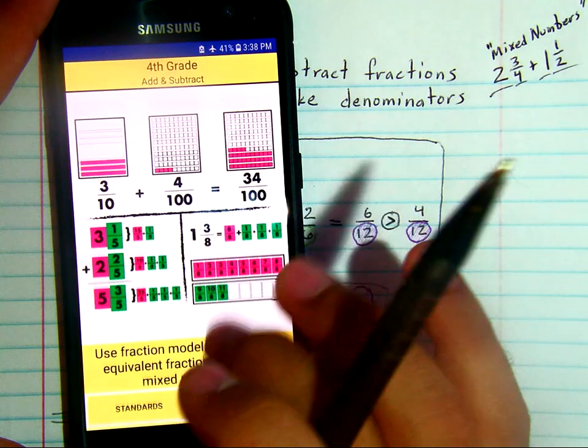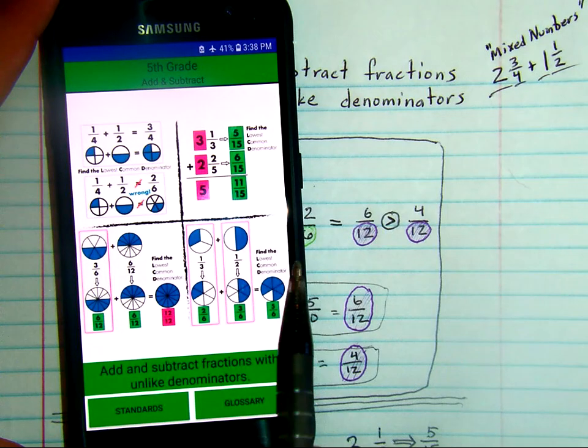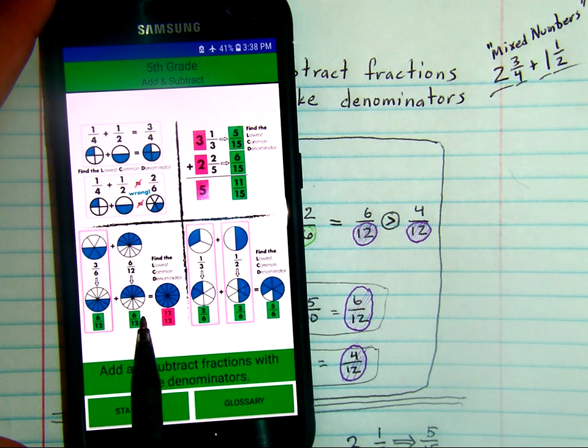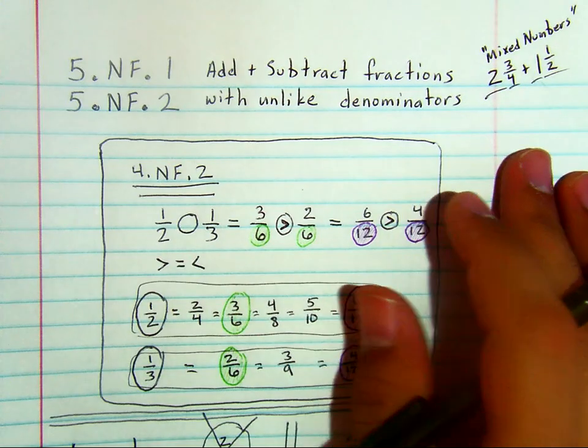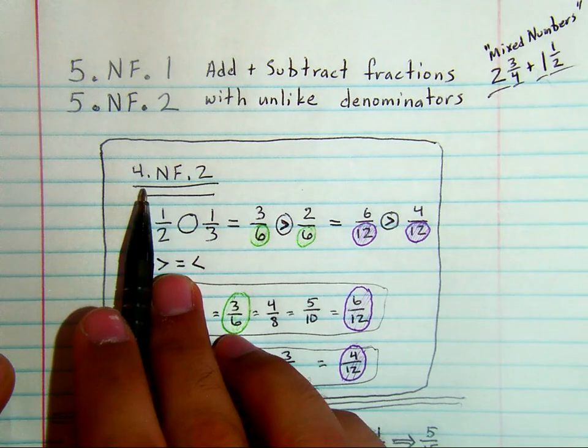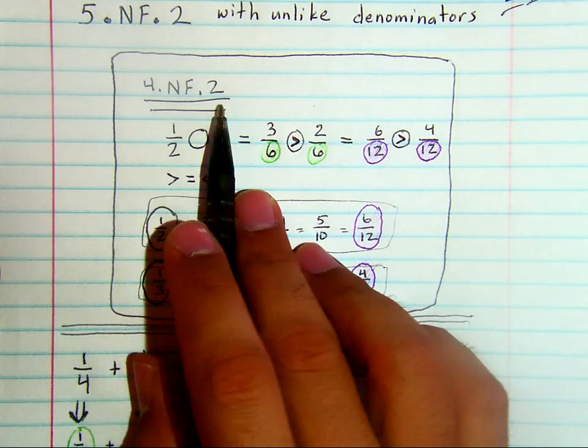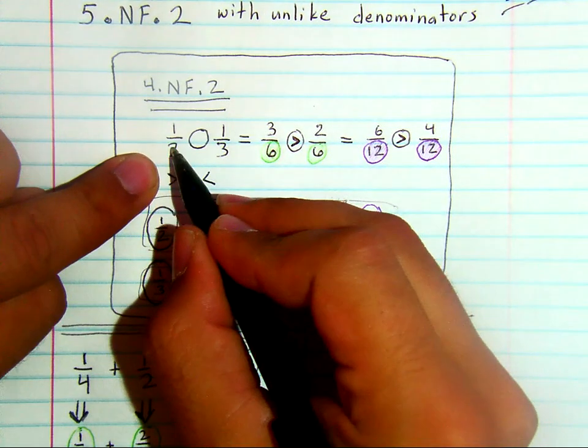And that is going to pay off this year. All the hard work you did last year is going to pay off, because now we have to add and subtract with those.